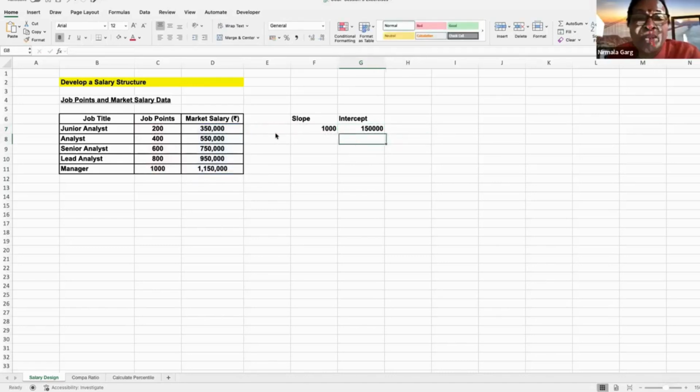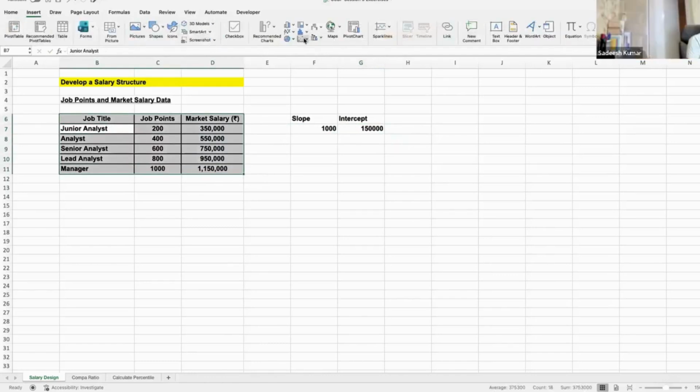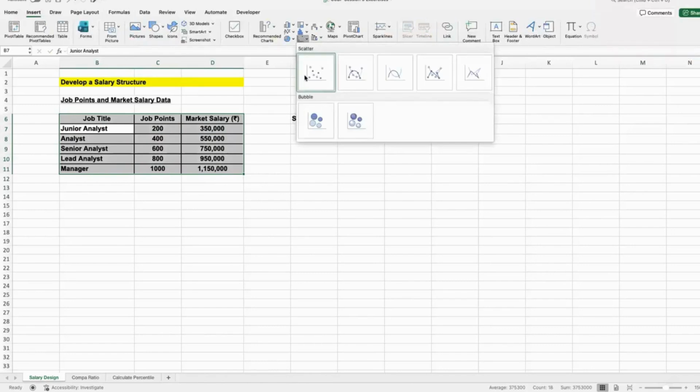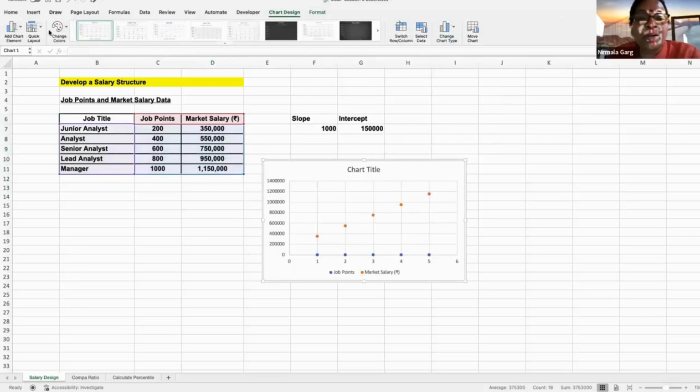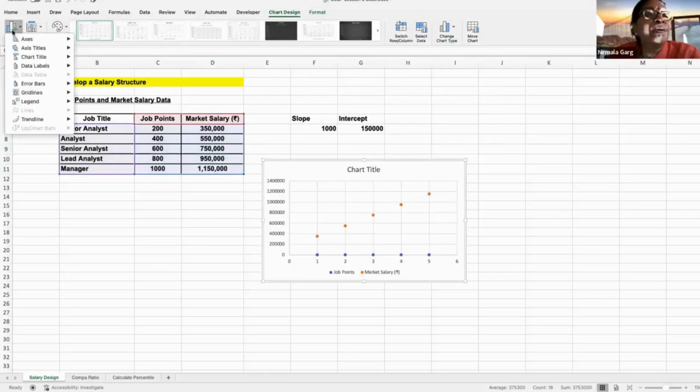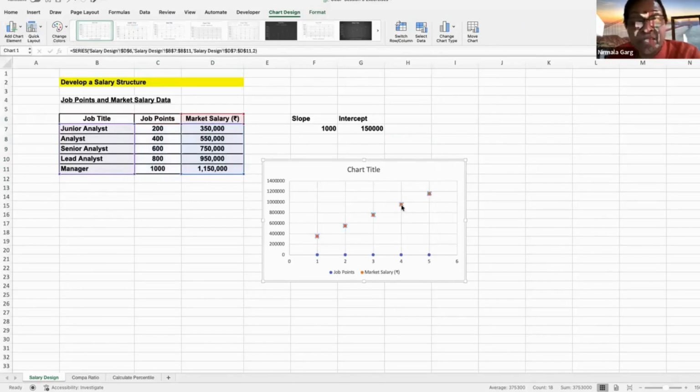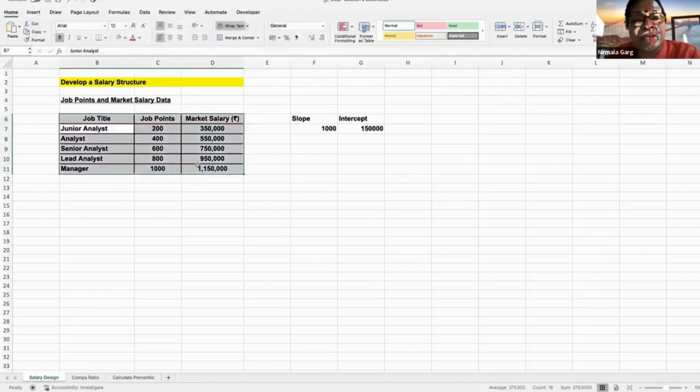Now to know whether it is really correct or not, select the data, go to Insert, go to Scatter. Why did it come out like this for you? Because you selected the data including the job point and market data headers.